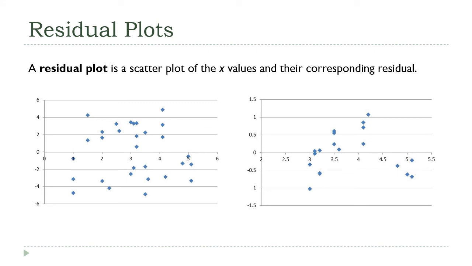If we do a plot of those residuals, right? So what I've got here is I've got the x values here. Those are the independent variables. And what I've done up here is I've graphed the residuals.